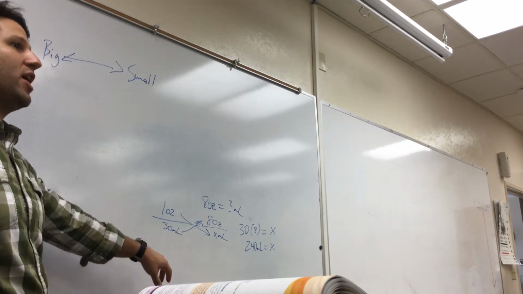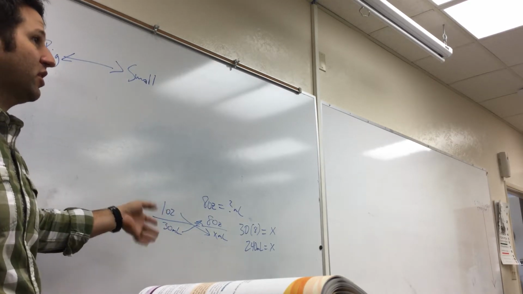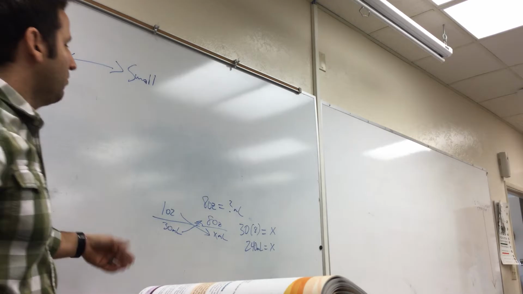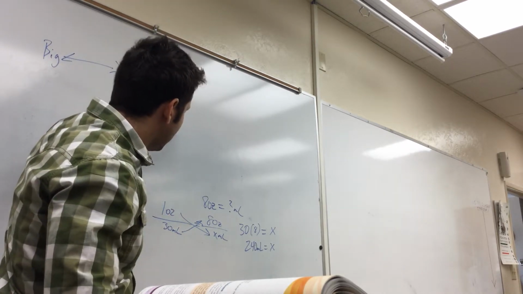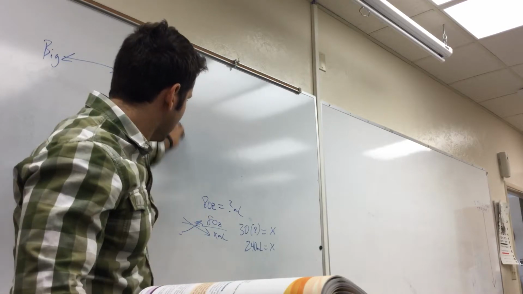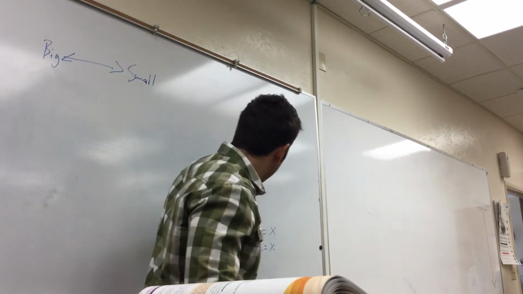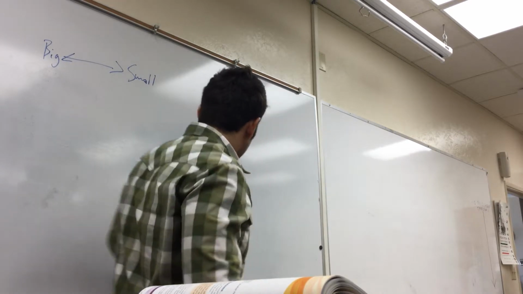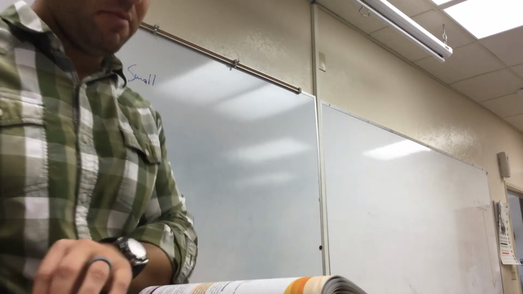So make sure that you understand that sometimes you'll have to do a conversion before you do a conversion, based on what you know for your conversion factors. And if you have an easier way that you do it, that's fine, use it. As long as you do it the same way and get the right answer every time.